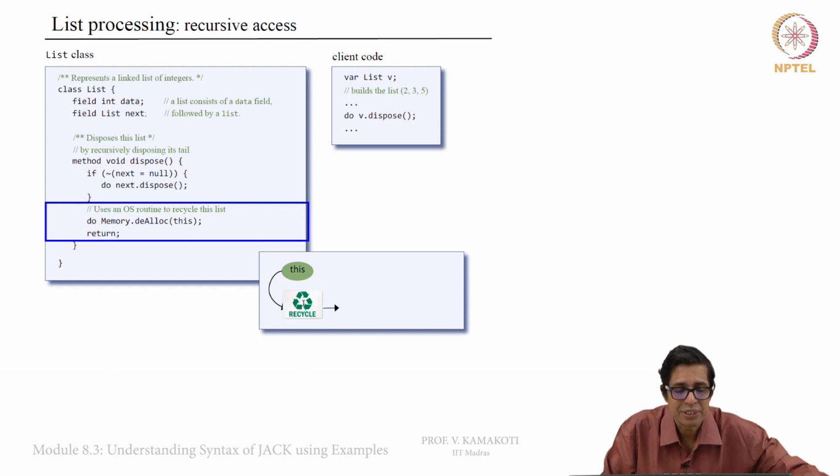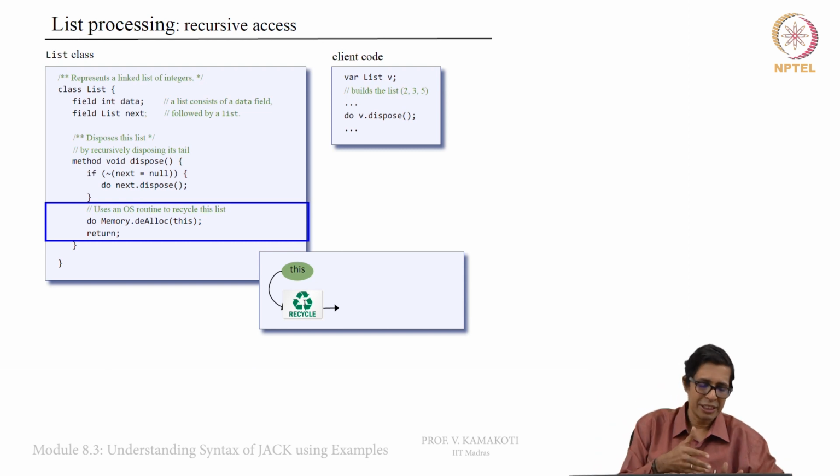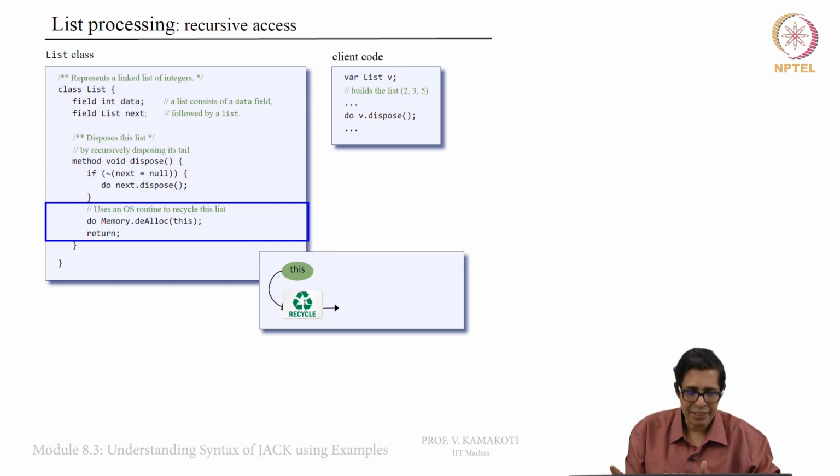And now I dispose this, right? So dispose is a function which called another dispose, which in turn called another dispose, and every time I was going to a different list, and every dispose had its own this, right?